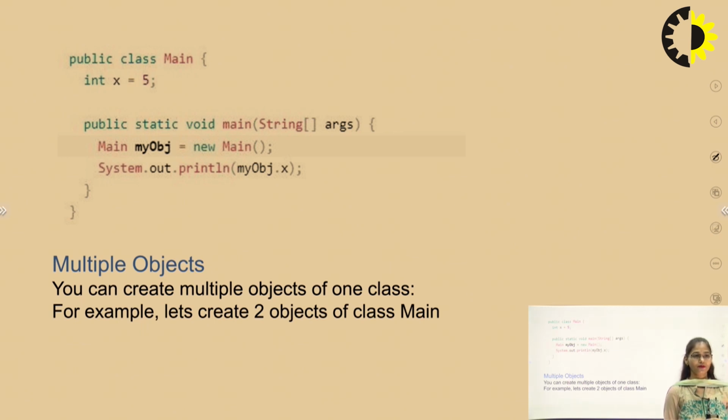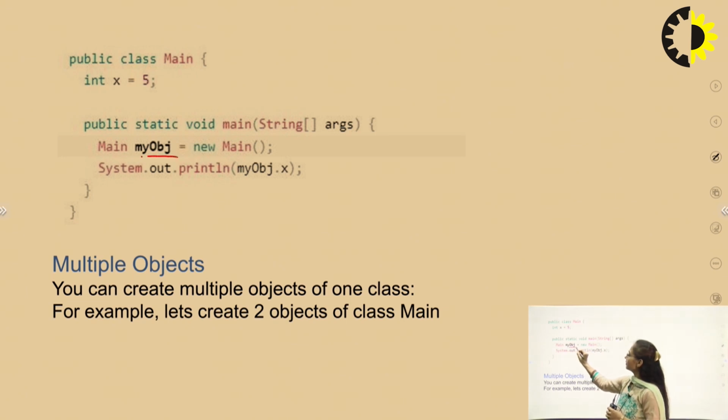For creating an object, we use main, which is our class name, to create my object, and that is the object initialization. With the new keyword, you are assigning a memory space.